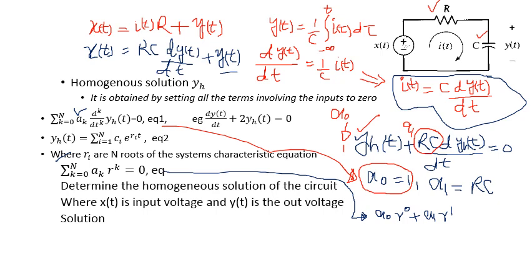Replacing values and equating this to 0: r to the power 0 is 1, a0 is already 1, so it will be 1 plus RC times r equals 0. That means r, which is basically r1, equals minus 1 over RC.